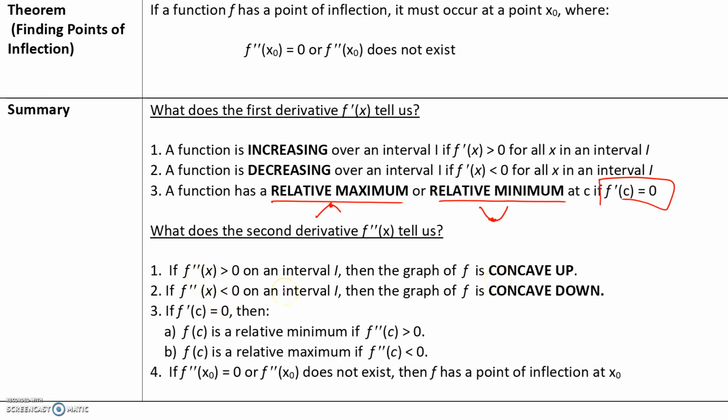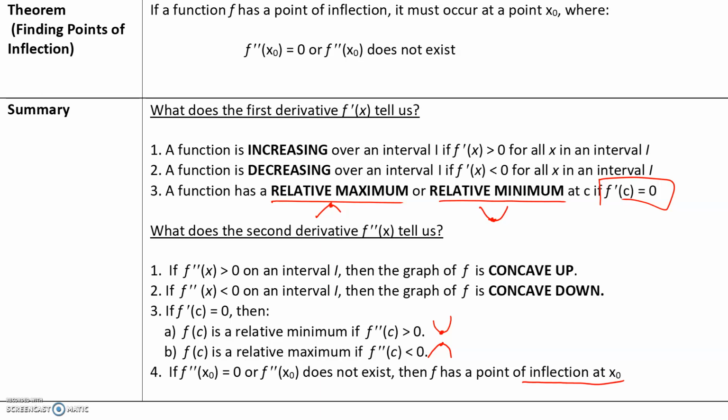Less than 0, it's concave down. And if we have a critical value, then concave up, which means it's going to be U-shaped, that critical value will be a local minimum. If it's concave down, which will be an M shape, that's going to be a local maximum. And then when the second derivative is equal to 0 or doesn't exist, then that's a point of inflection.